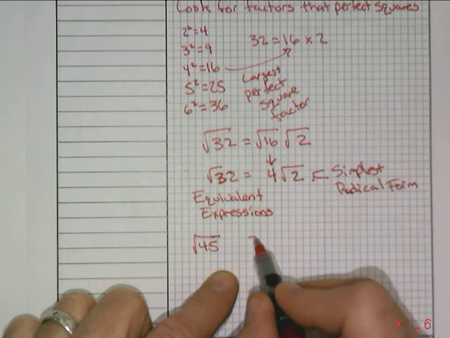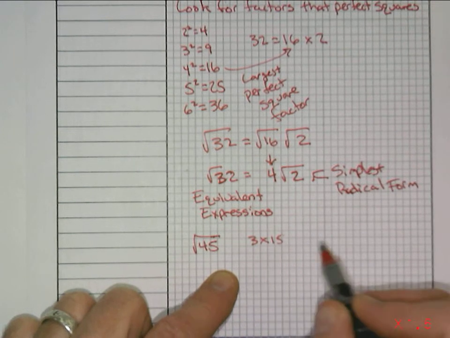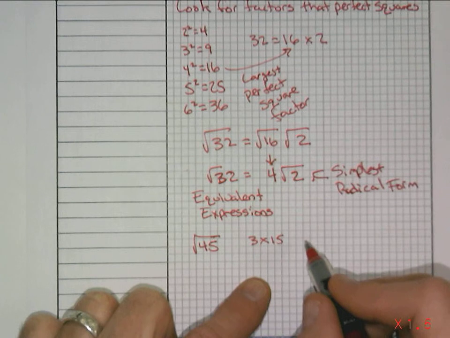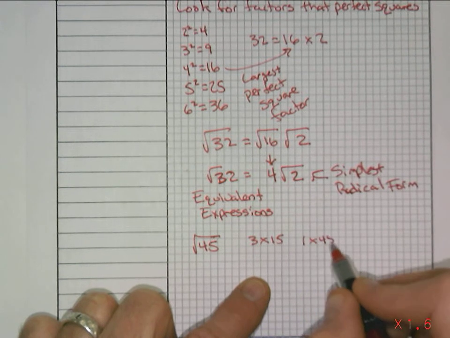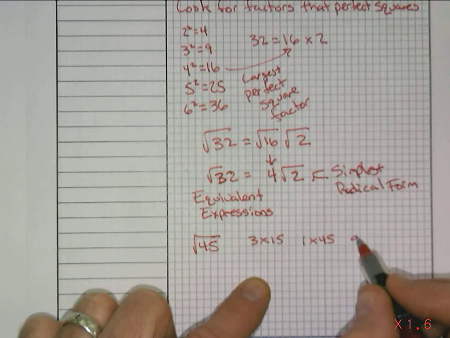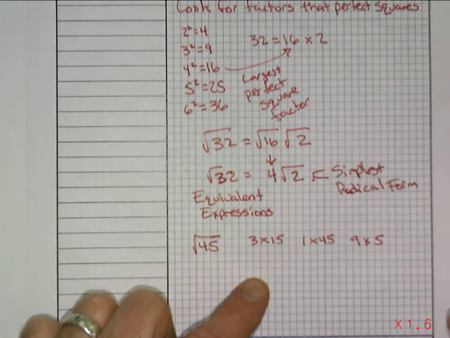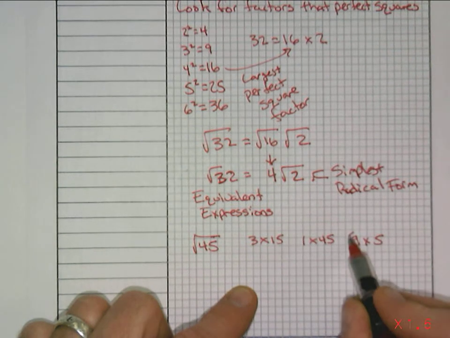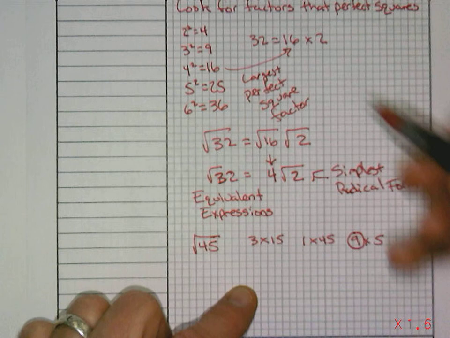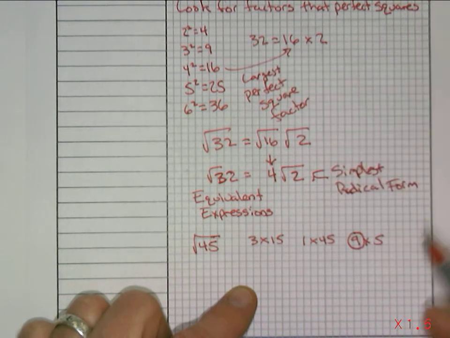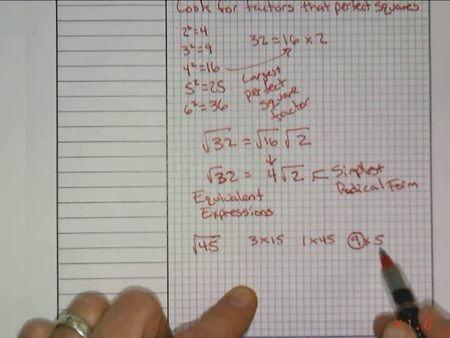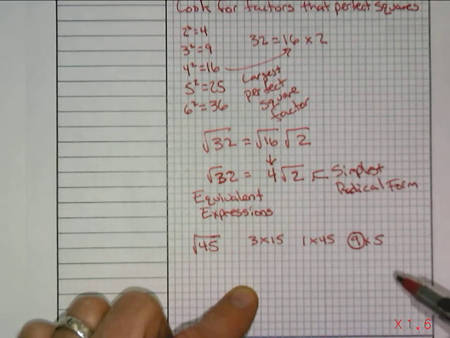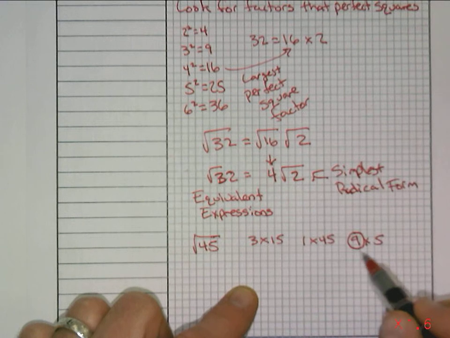I could say 45 is 3 times 15, or it's 1 times 45, or 9 times 5. And so as soon as I see any pairs of factors that have a perfect square number, like 9 is one of our perfect square numbers in it, then I know I'm on target. If I look at the other number and it's not a perfect square number or doesn't have any perfect square numbers as factors, then this is the pair I want right here.